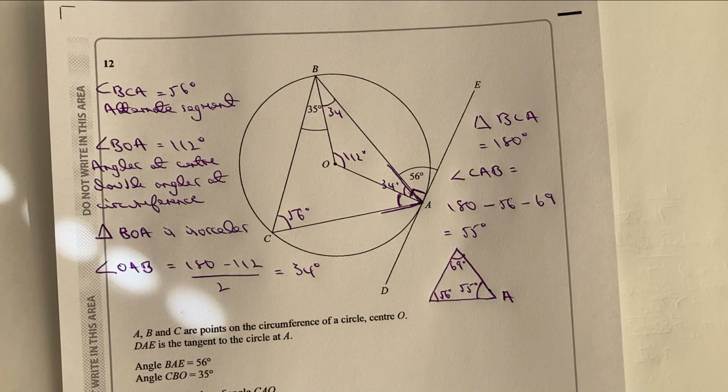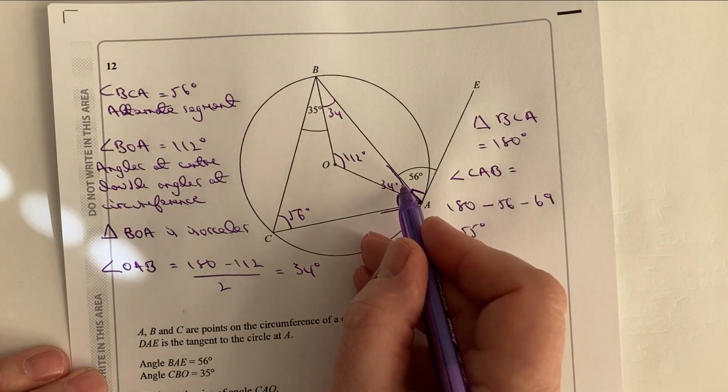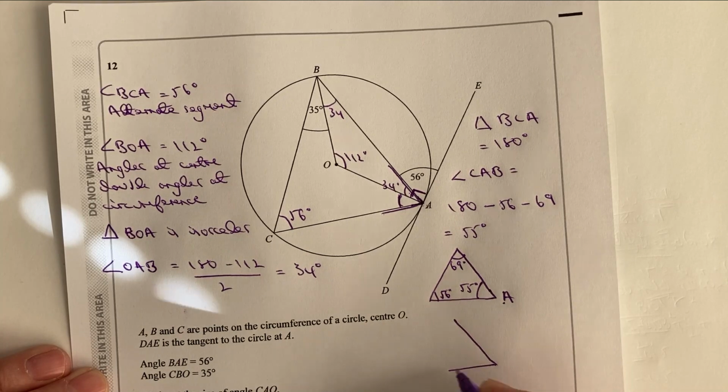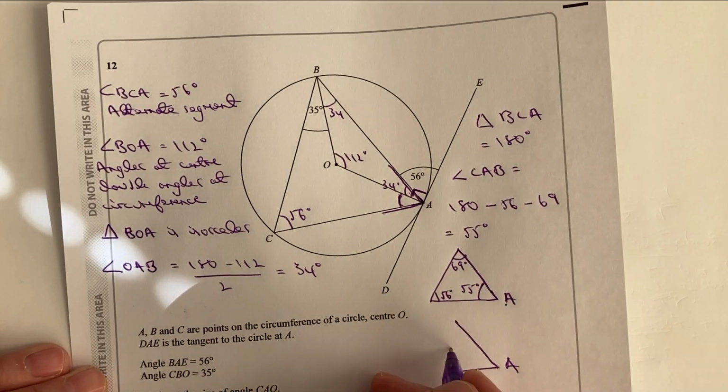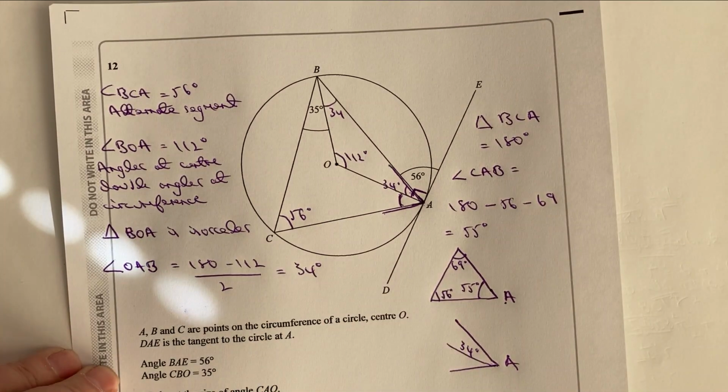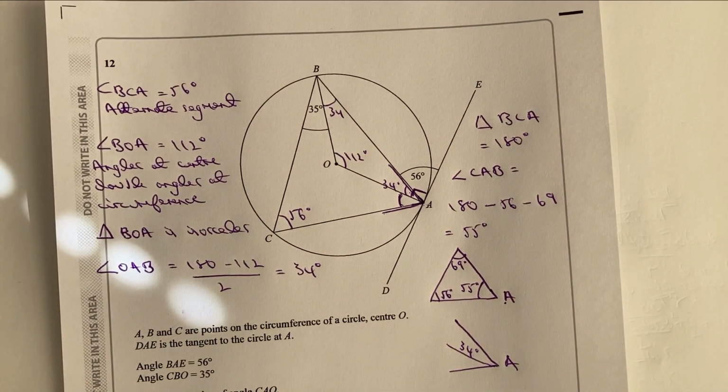But what we need to do then is use this value of A, knowing that we've already got, so here's A, and we've already got this at 34 degrees. Okay, hopefully you can see that on the screen.